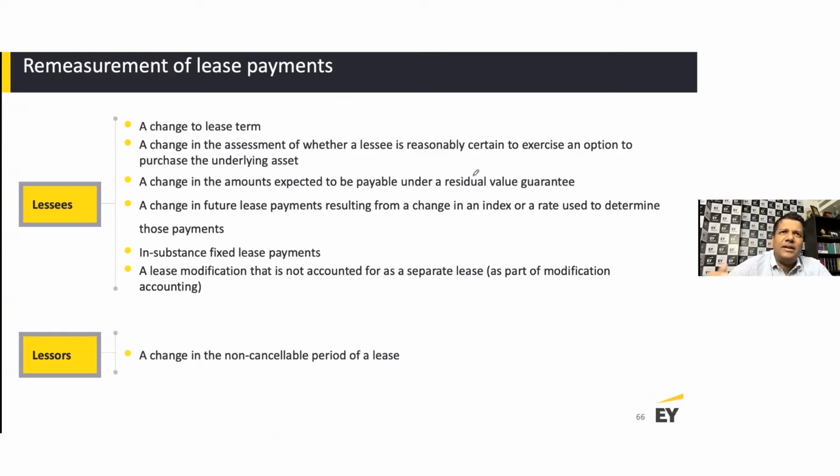Lessor accounting continues to be guided by the existing principles, which is your finance lease and operating lease. And as I said, from a lessee perspective, that has been done away with. It's a single lease accounting model from a lessee perspective, and hence this has become much more complex, with a lot more factors to be considered.